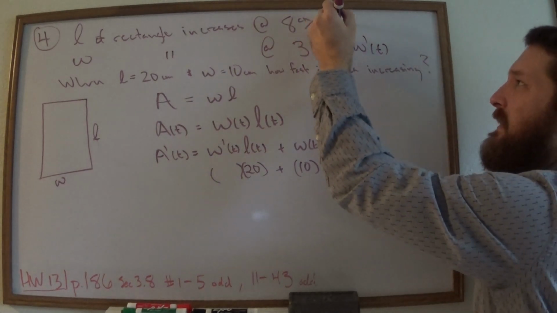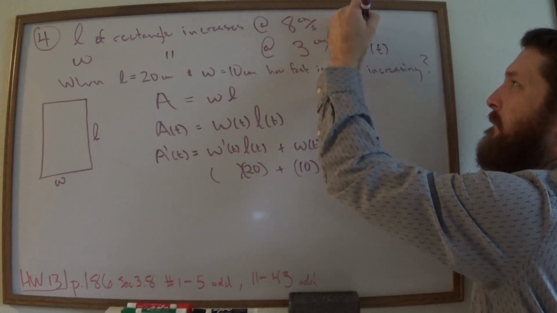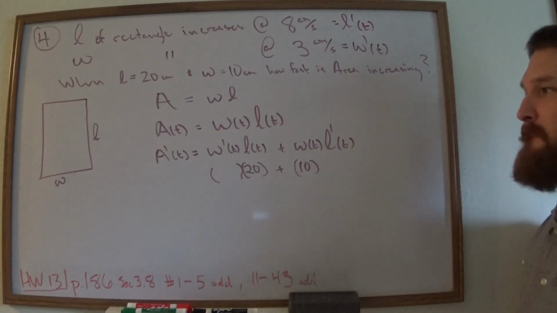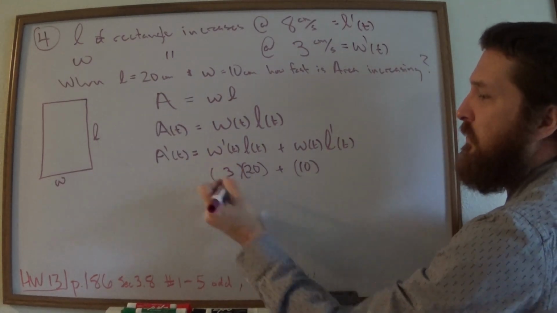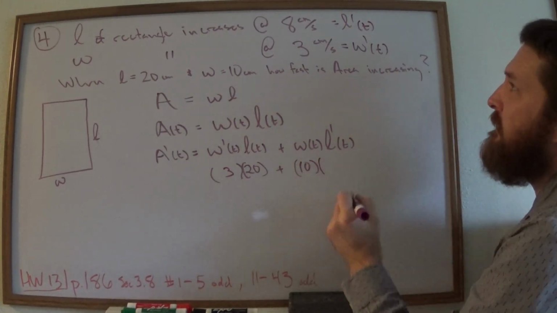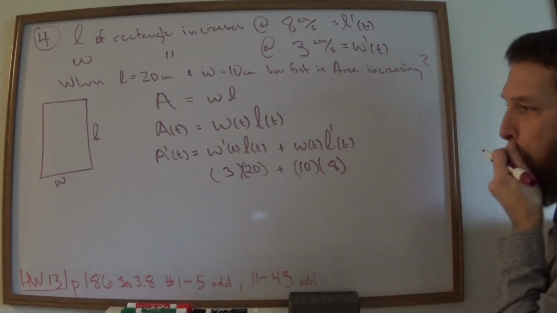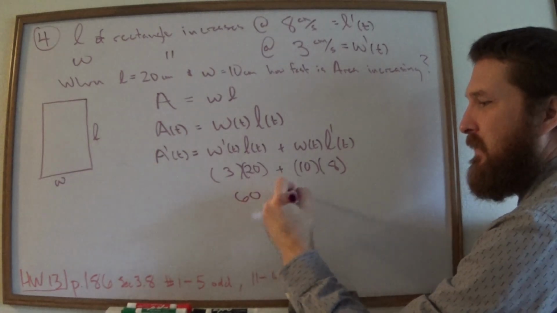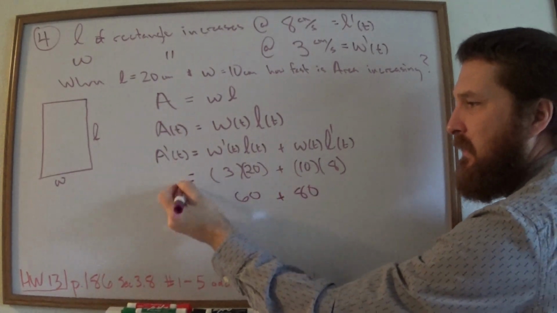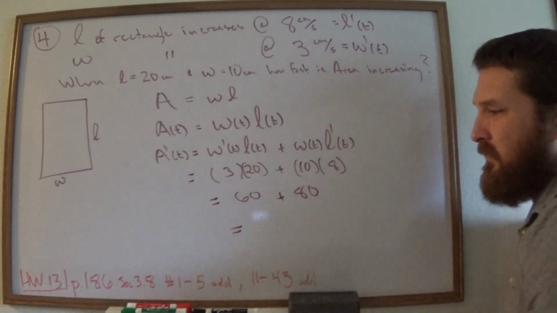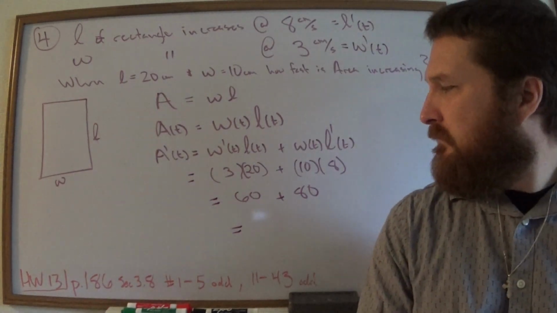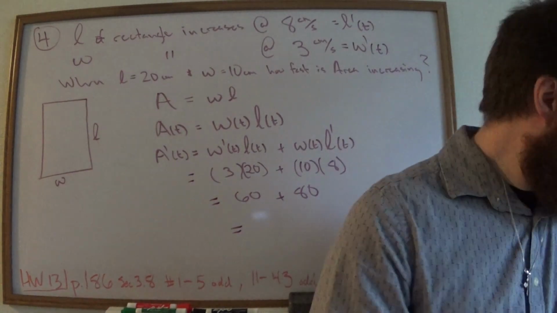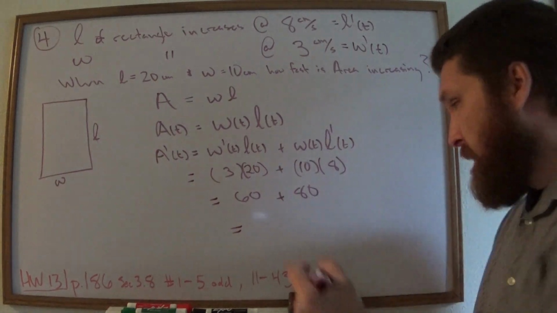And this guy right here would then be L prime, how fast the length is changing. Here we have L prime is equal to 8. This comes out to 60 plus 80, which is 140.